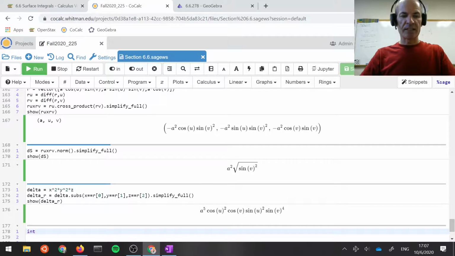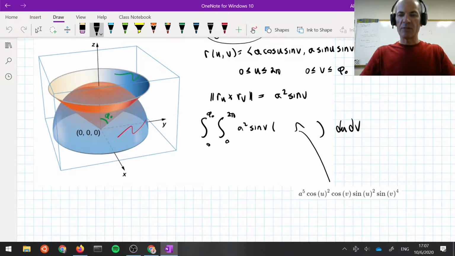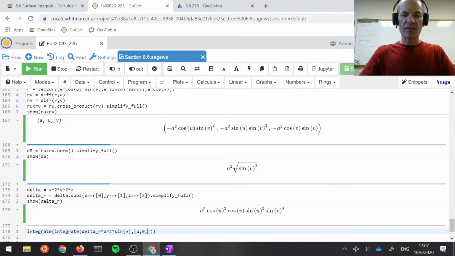So we'll integrate twice. And we're going to integrate delta r times a squared times sine of v. And we're going to integrate in the u direction from 0 to 2 pi. And then we'll integrate in the v direction from 0 to, oh gosh, phi 0.